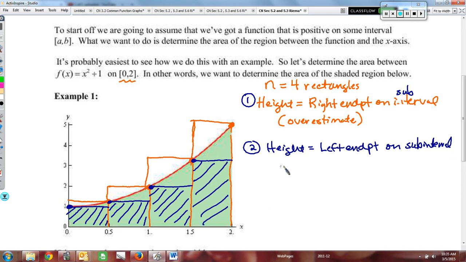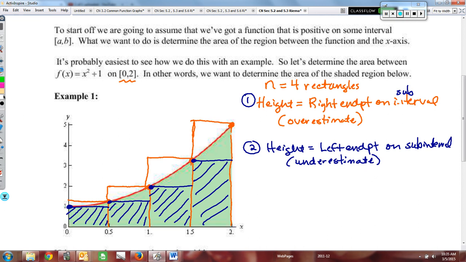The idea is that I'm coming up with an upper bound and a lower bound for what the area actually is. The right endpoint was too much, the left endpoint was too little, so I have an idea that it's in between these two values.